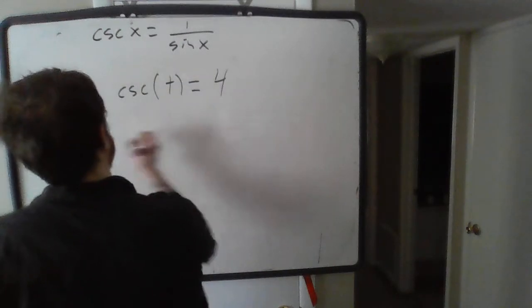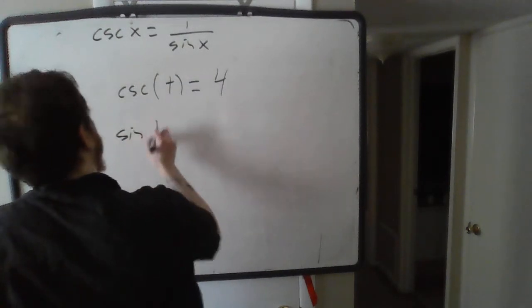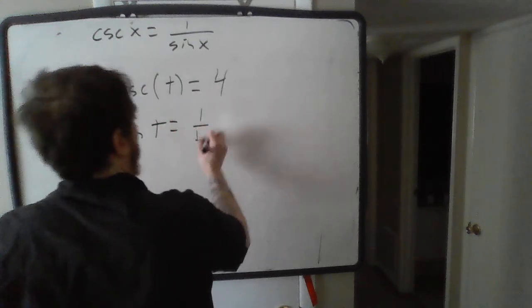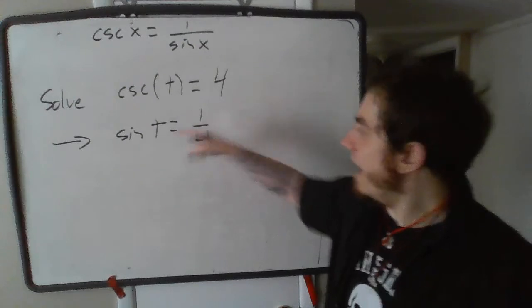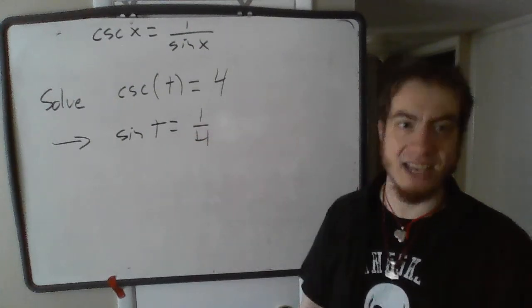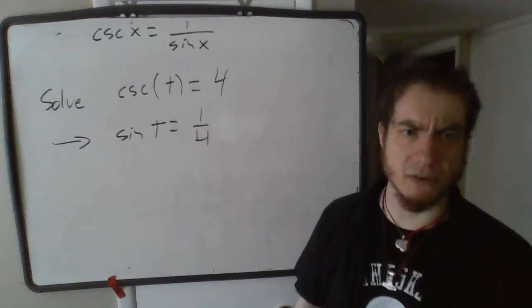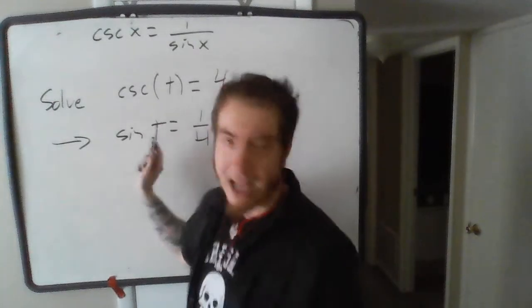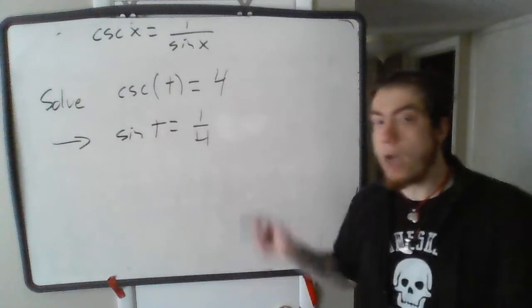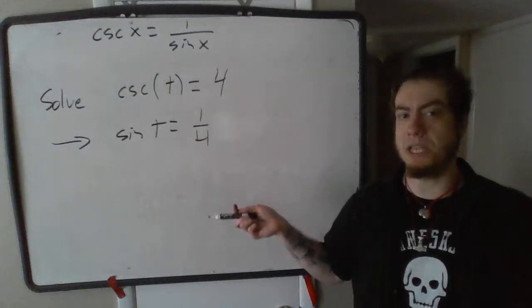Well, this is equivalent, though, to solving sine of t equals 1 over 4. In other words, I just take the reciprocal here, and I turn it into a problem involving sine instead of cosecant. And now I can do this just the same way as we did before.